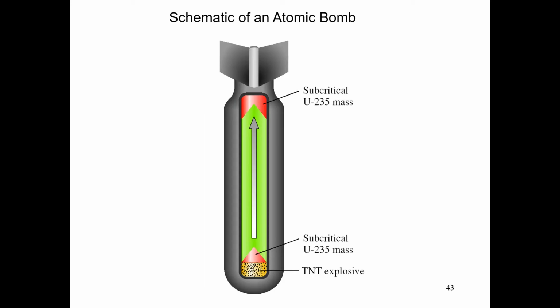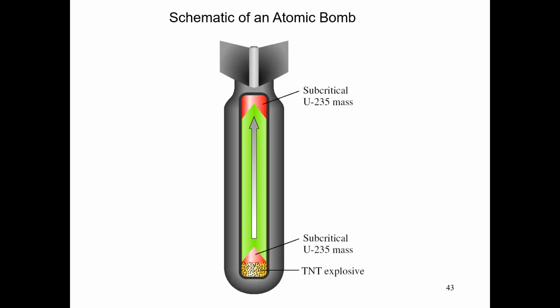You essentially have on the two extremes of the bomb a certain amount of uranium-235, which is subcritical. In other words, you have less than the critical mass. So when the bomb hits the ground and explodes, you have explosive material here at the tip, just regular TNT explosive.